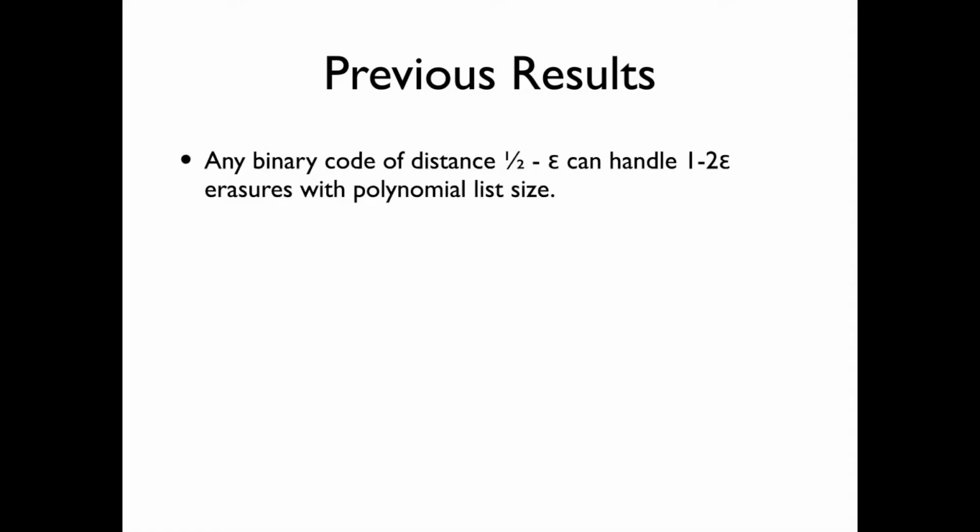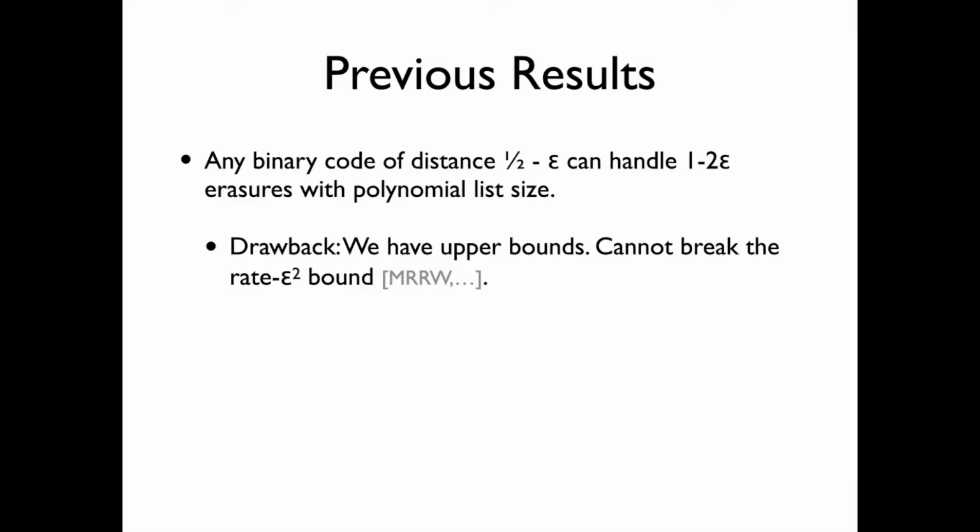We start by noting that any binary code of distance half minus epsilon can handle 1 minus 2 epsilon erasures with polynomial list size. So there is a drawback. We have upper bounds. If we just consider codes with high distance, we cannot break the rate epsilon squared bound this way, for example, due to the LP bound.